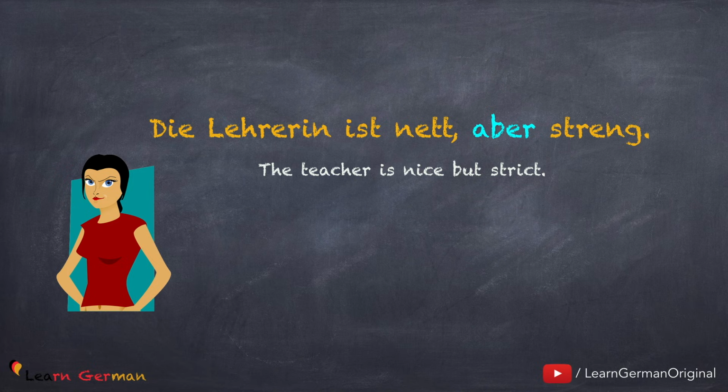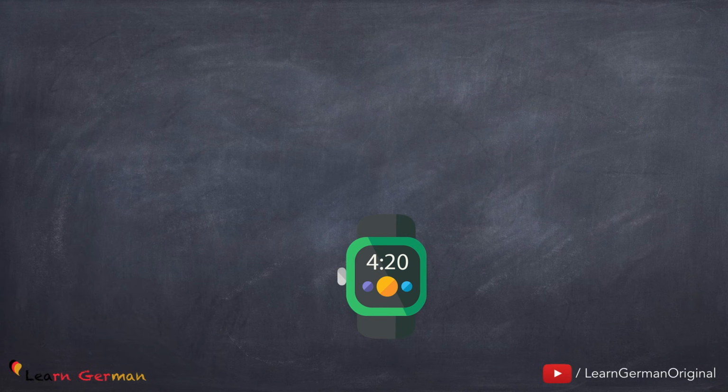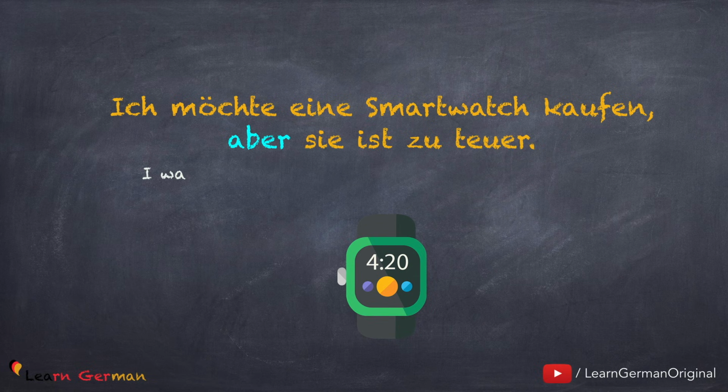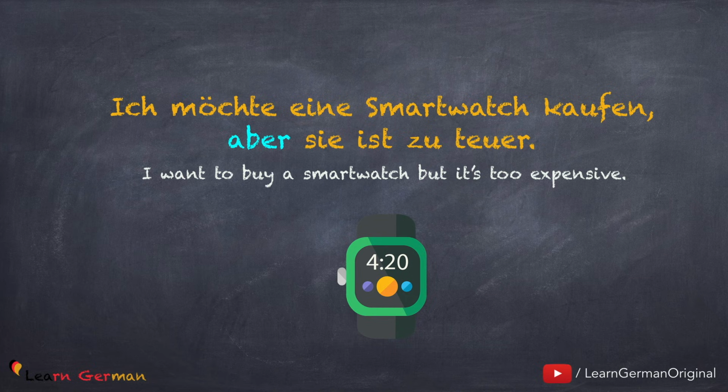In this case, the conjunction is joining a sentence and a Satz element. Here's another sentence to make you understand the meaning and the use of the conjunction aber. Ich möchte eine Smartwatch kaufen, aber sie ist zu teuer.